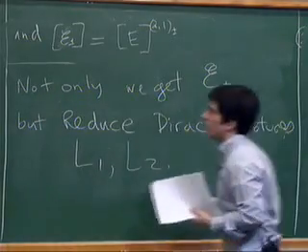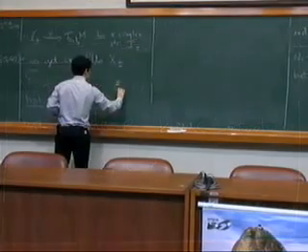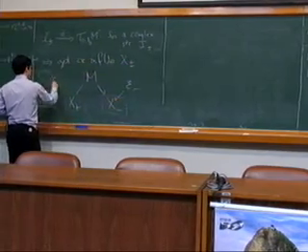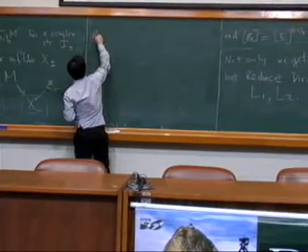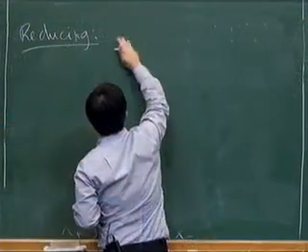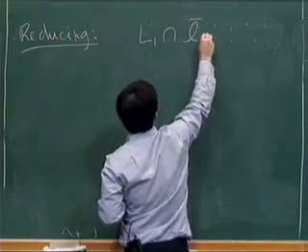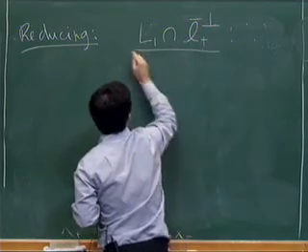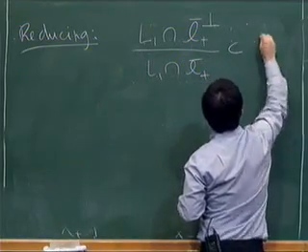Okay, and so what do you get when you do that? So let me just decorate here. So we have the E minus on here, and we have the E plus on there. Okay. So if we reduce these, what are you supposed to do? You're supposed to take the Dirac structure. You're supposed to intersect with L minus bar or L plus bar, perp, and divide by L1 intersect L plus, and this goes into E plus.